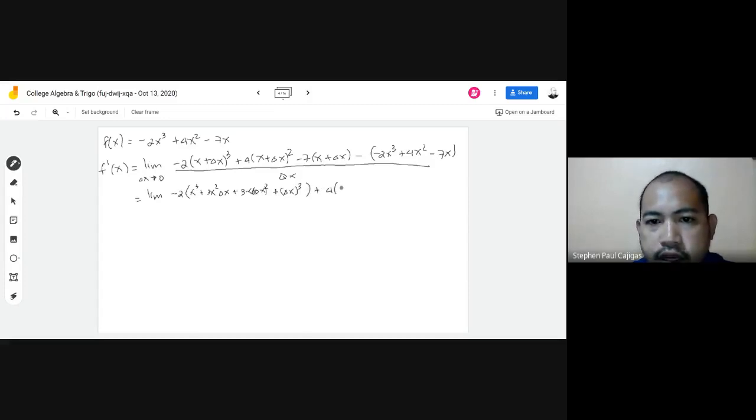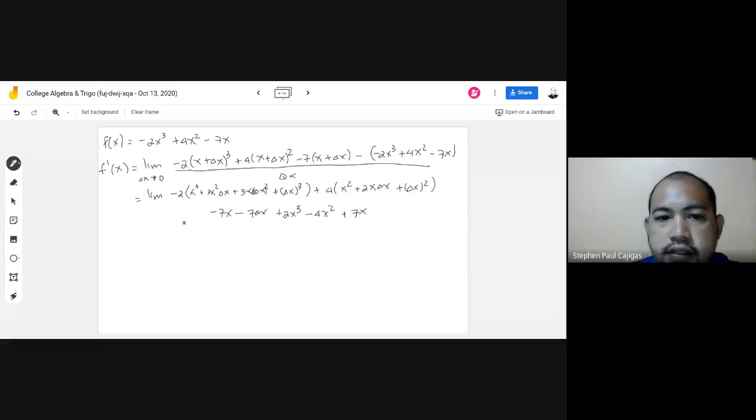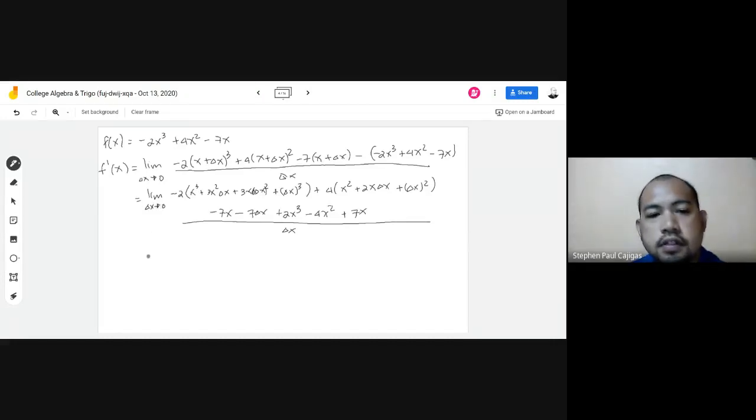Plus 4 times x squared plus 2x delta x plus delta x squared, minus 7x minus 7 delta x. Then we change the signs, becoming plus 2x cubed minus 4x squared plus 7x, all over delta x, as delta x approaches 0.